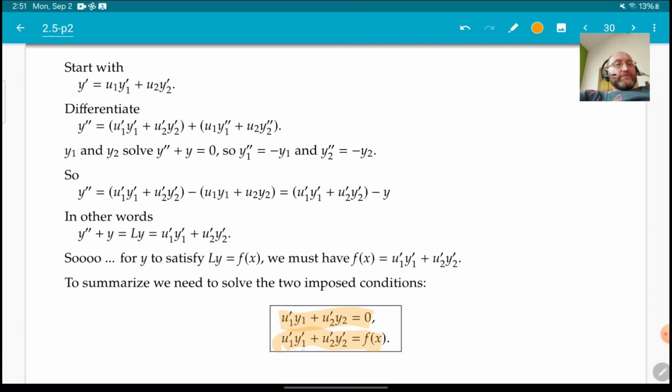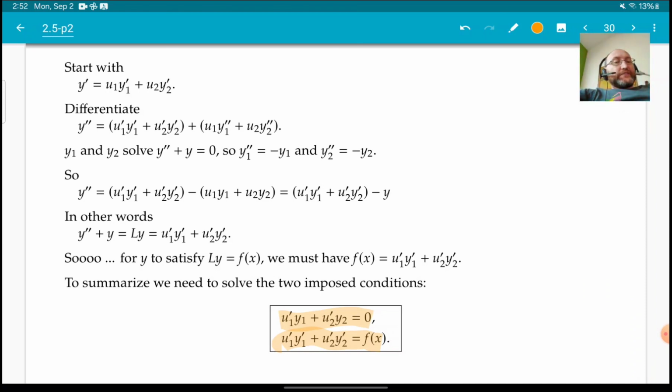So that actually looks pretty nice. There's no u1 and u2, there's only their derivatives. I have y1, y2, and y1 prime, y2 prime, but this should be fairly easy to solve for u1 prime and u2 prime.